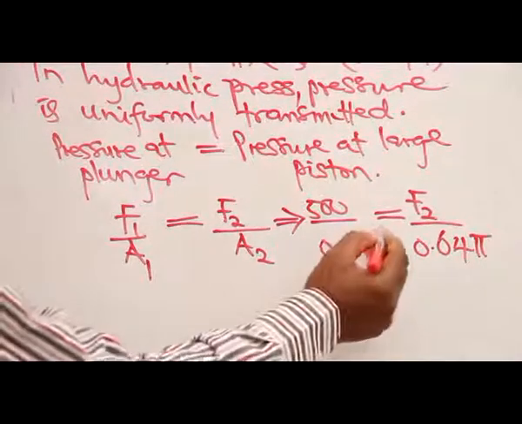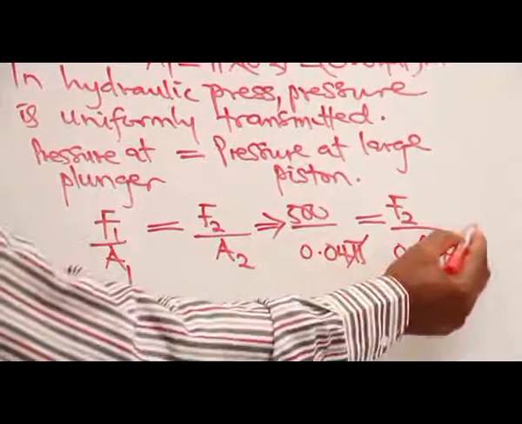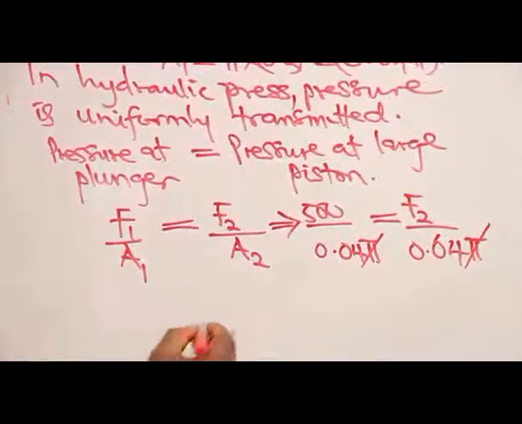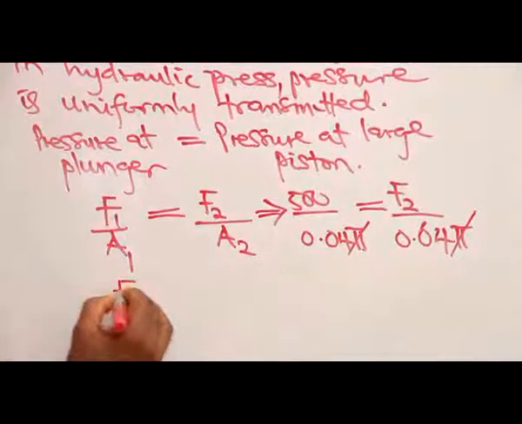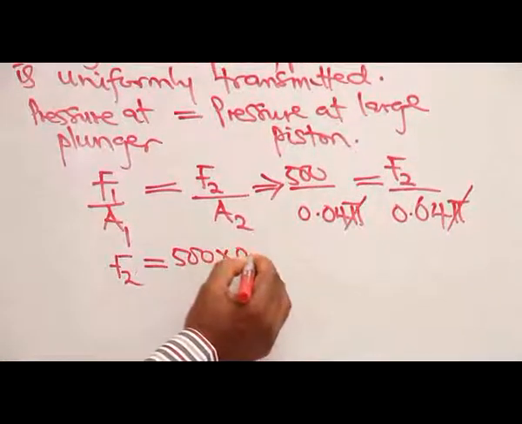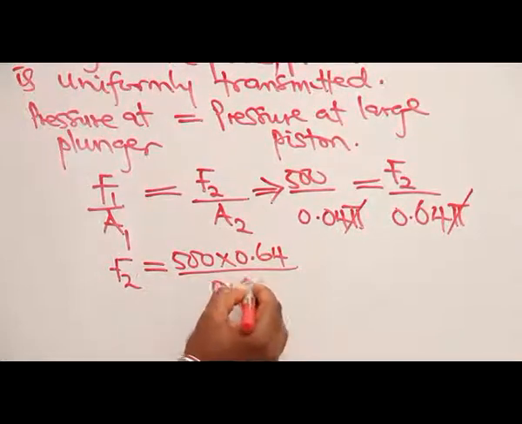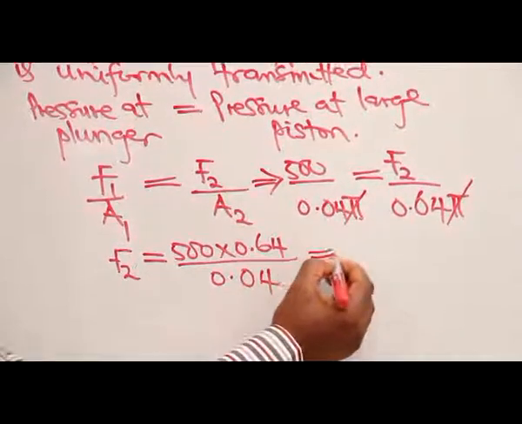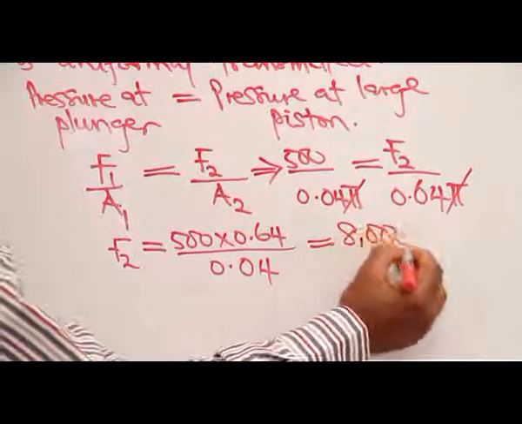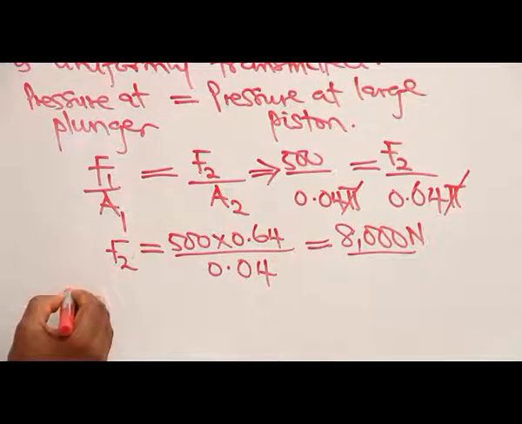Pi will cancel out from both sides of the equation, of which F2 will now be 500 times 0.64 divided by 0.04, which gives us 8,000 Newton. Option A is correct.